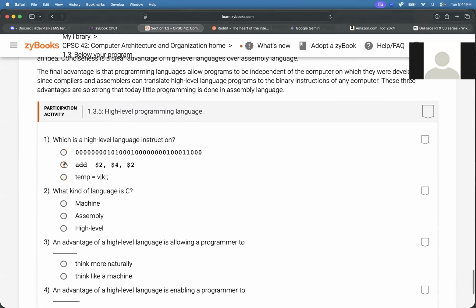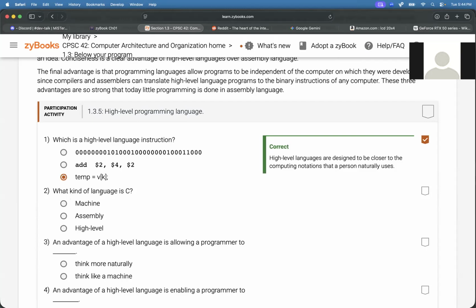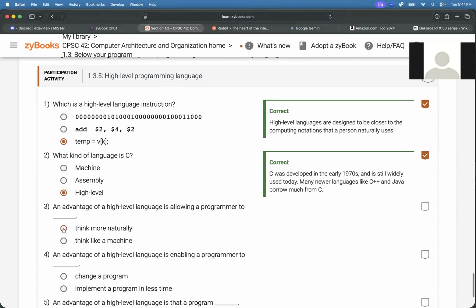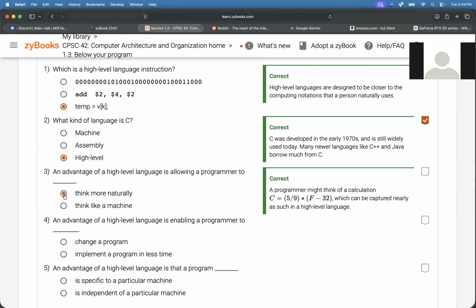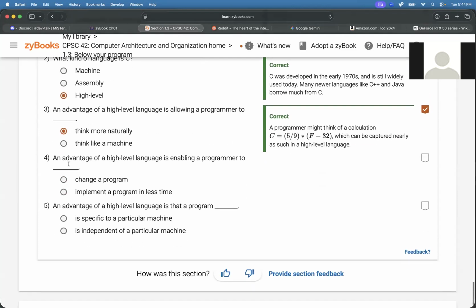What's high level? C is high level. High level allows you to think more naturally, right? An advantage of a high level language is to implement it in less time. It's faster to write a program in C or Java than it is in assembly language. Assembly language is going to take you longer to write a certain amount of code.